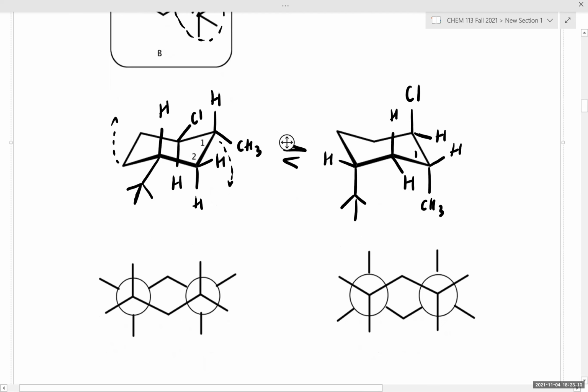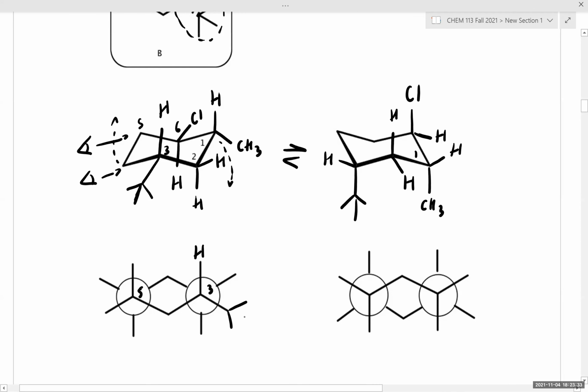So again, we're going to look down and view this structure, looking down the carbon 3, carbon 2 bond and carbon 5, carbon 6 bond. It's also implied by how this Newman projection template is provided. So from here, we have carbon 3 and carbon 5.